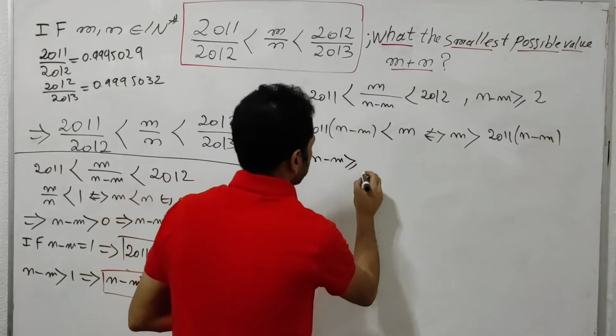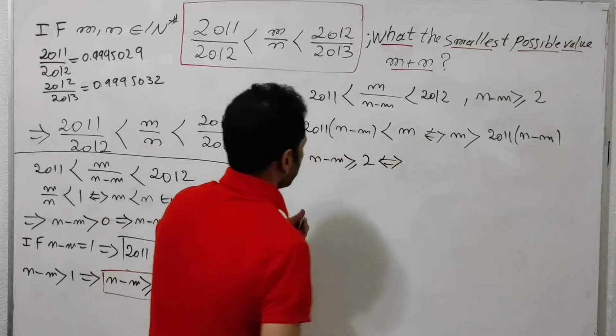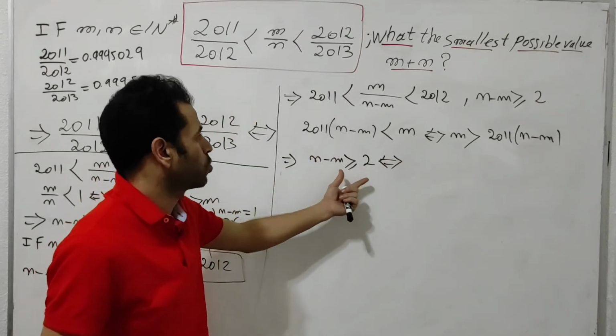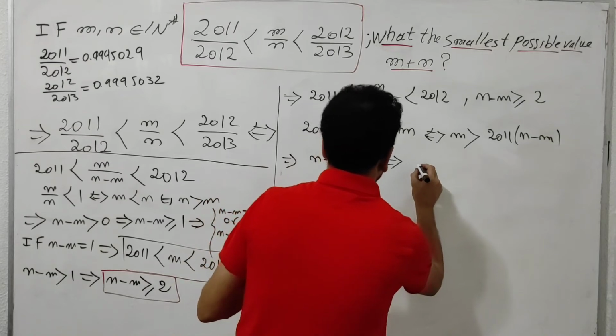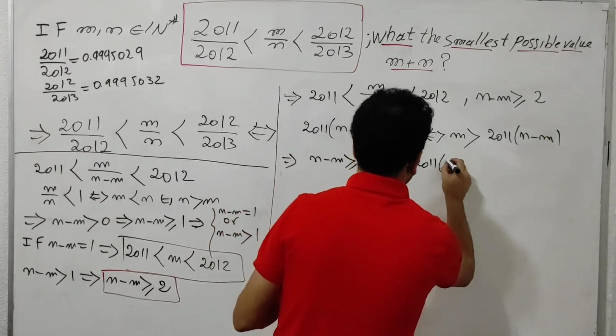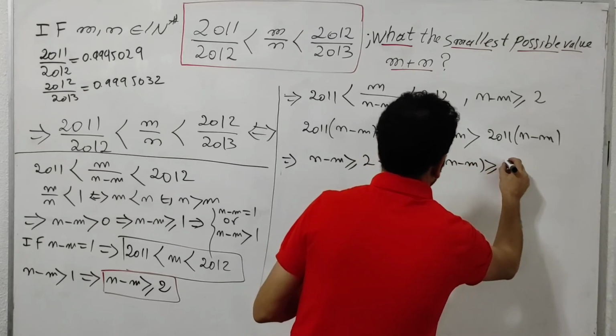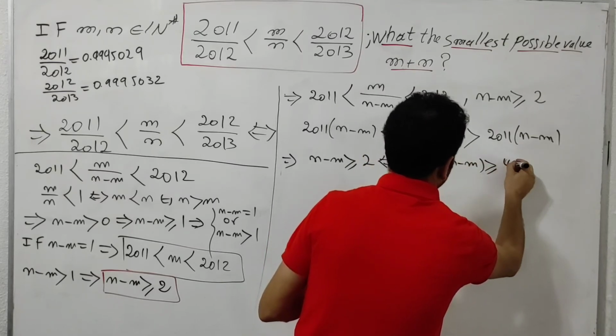I have n minus m superior or equal to 2. Equivalent, I'm going to multiply both sides by 2011. I will get 2011 multiplied by n minus m superior or equal to 2 times 2011.